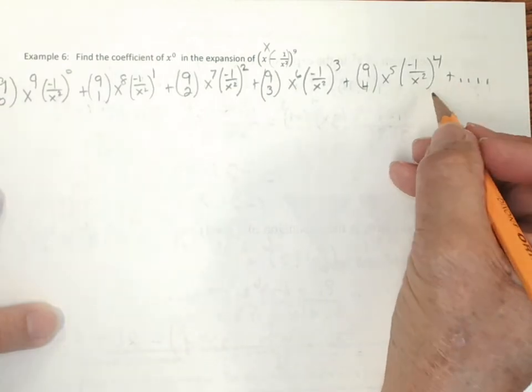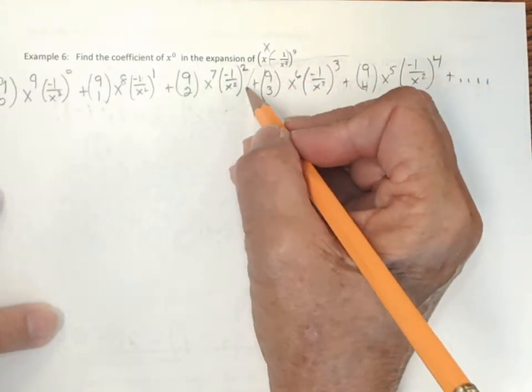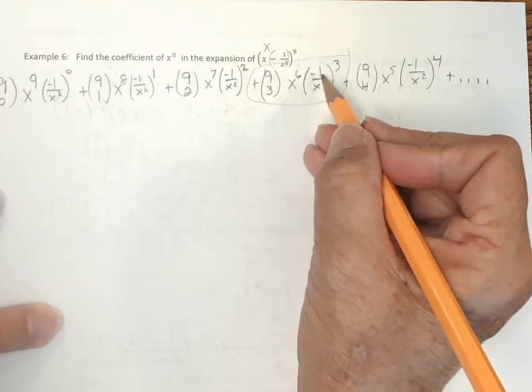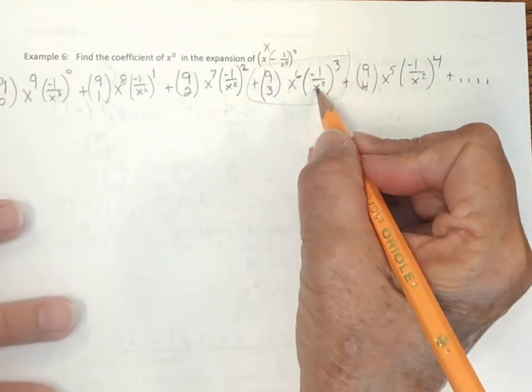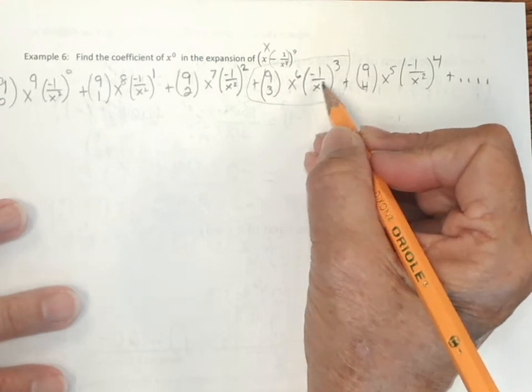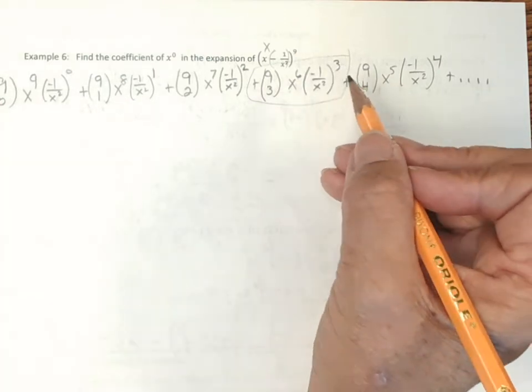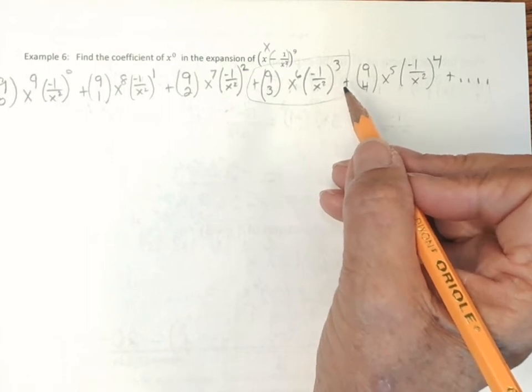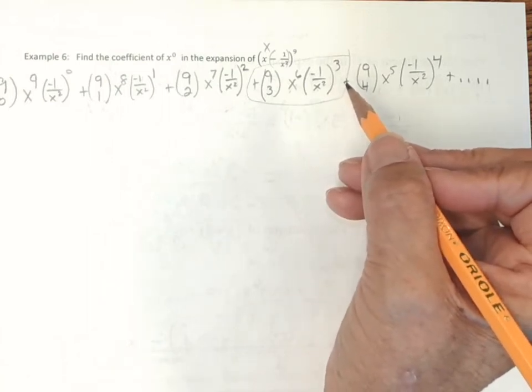The reason I'm saying that is let's look at this term right here. I've got x to the 6th multiplied by 1 over x squared to the 3rd. Sorry about that. Okay, so how do we deal with this at this point?